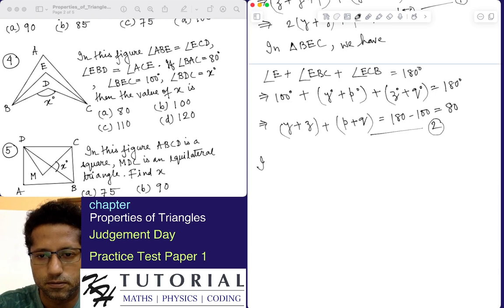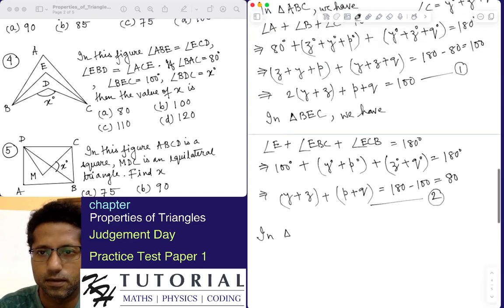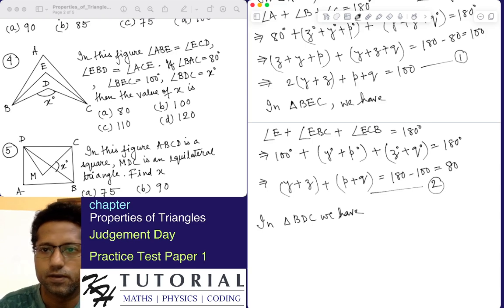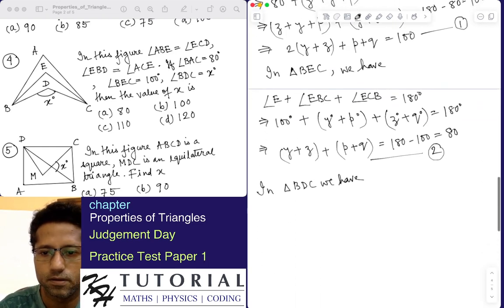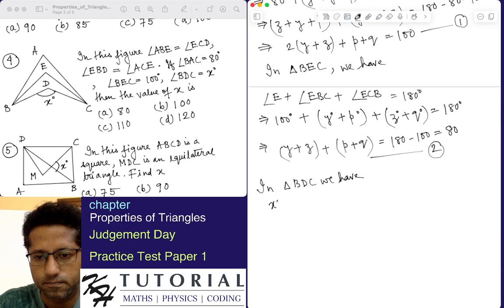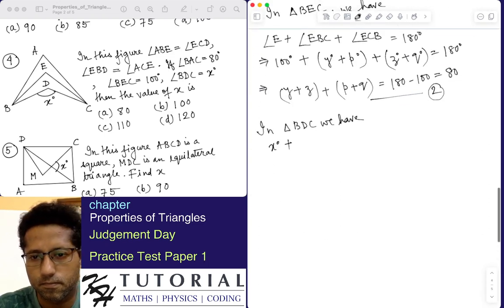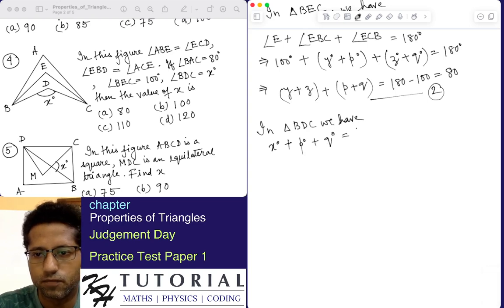Now in triangle BDC, we have, if we sum the angles, X degree plus P degree plus Q degree equals 180 degree.